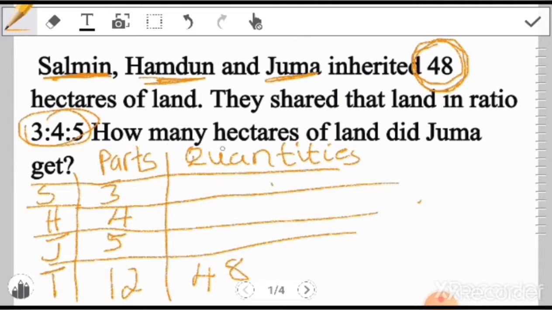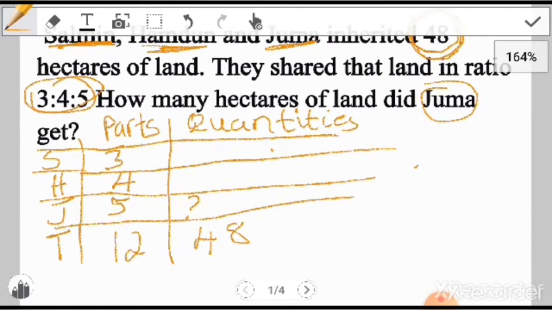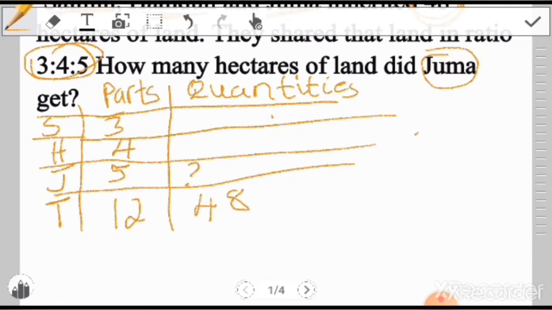The question says, how many hectares of land did Juma get? The parts corresponding to Juma are 5 parts, so I keep a question mark here.